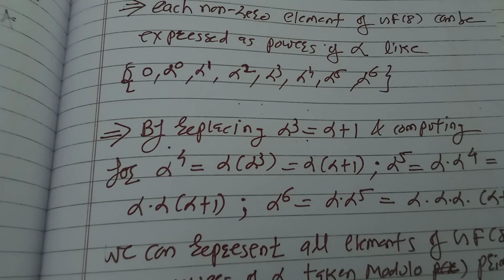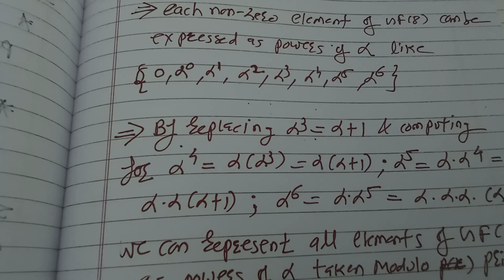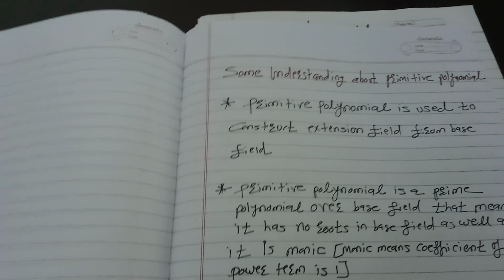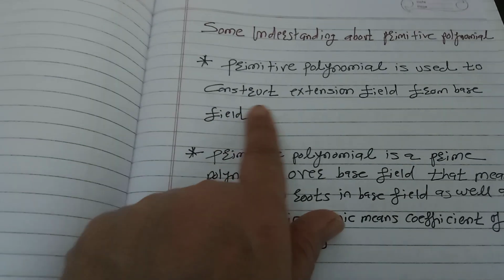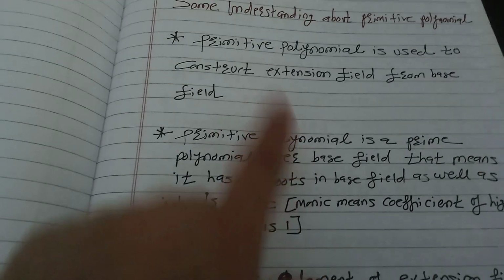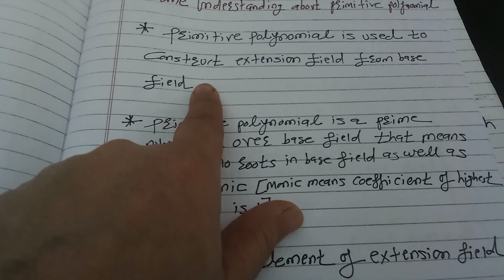So this is all about the primitive polynomial. In short, let us revise it. The primitive polynomial is a prime polynomial over the base field, and it has no root in the base field, but it has a root in the extension field. It is used to construct the extension field.